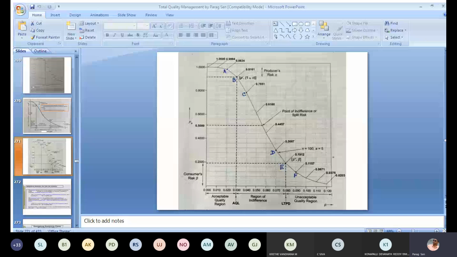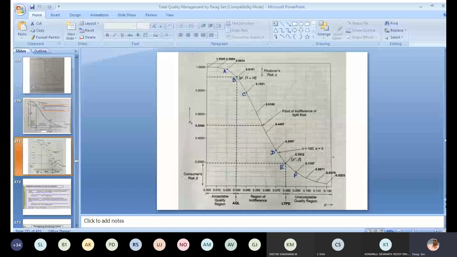But still, after that, accidents occur. So it is just the same thing. We try to minimize the risk, but still good lots are rejected as bad lots, or bad lots are accepted as good lots. We can only minimize the risk.